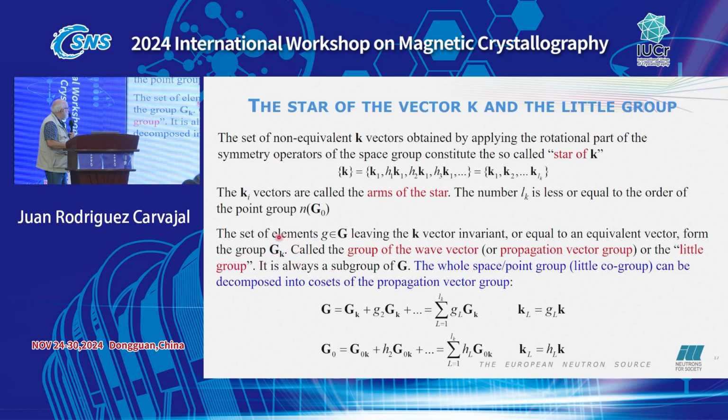This group is always a subgroup of G. This is the group of the propagation vector.